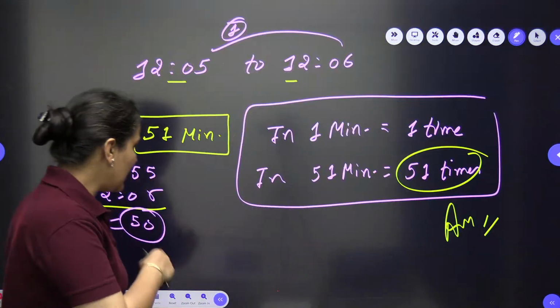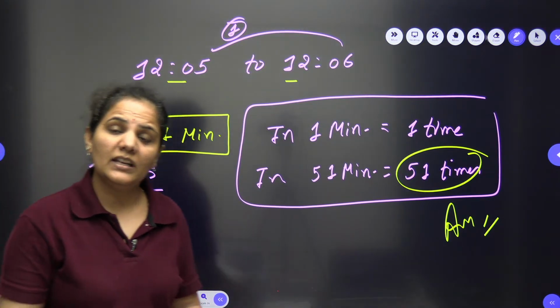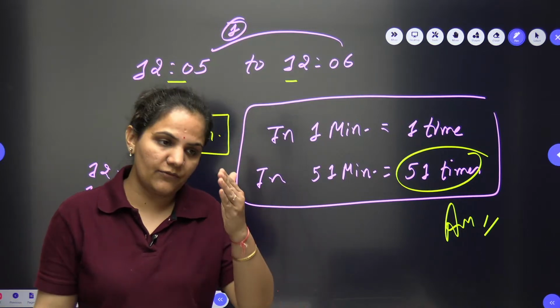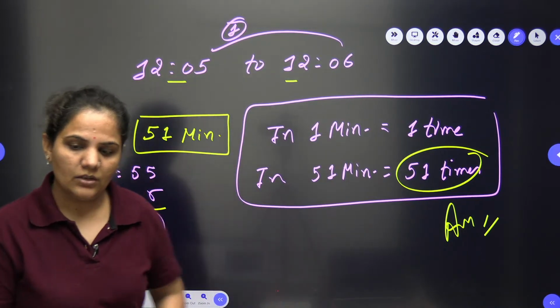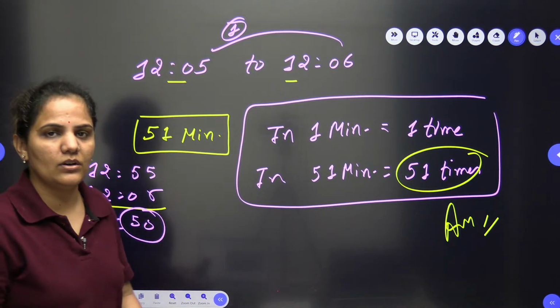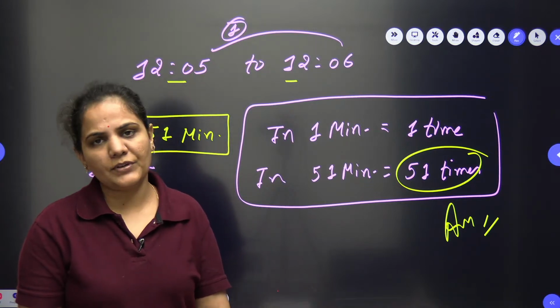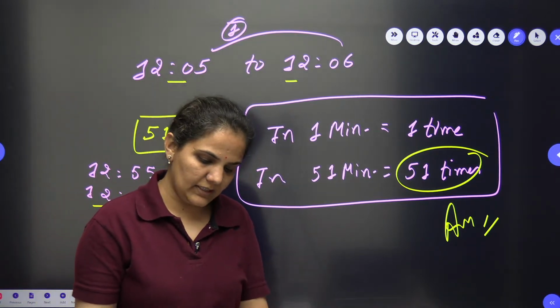When you are approaching like this, you need to add one, because we are taking the inclusive time, including from this one to this one. So if you go 50 plus 1, 51 should be your result. So in 1 minute if they coincide 1 time, in 51 minutes they will coincide 51 times.